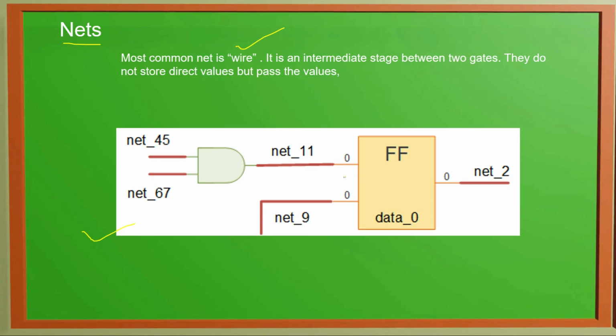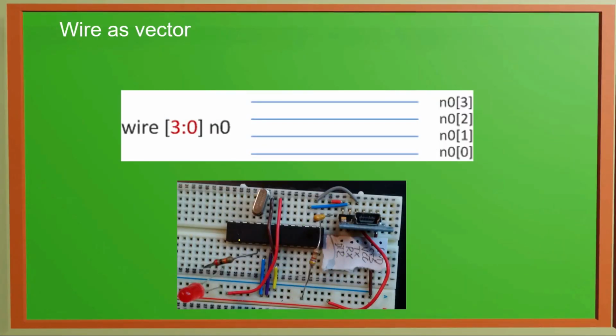And all the wires connecting various sections are defined by net followed by that net number. So nets and wires we can use alternately. So these are also data types. Wires can be used as vectors. There may be multiple wires used in the form of a vector.